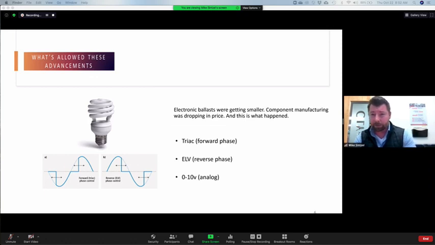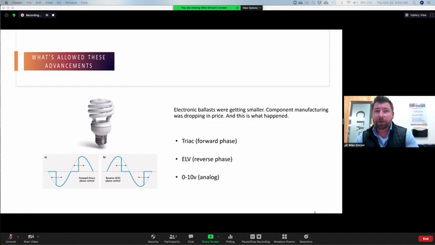There's really only a couple types of dimming technology, and we see triac, ELV, and 0 to 10. Touch on a little bit of 0 to 10. It was commonly used in the entertainment world and had even a standard drafted back in 1997, called ESTA E13, and it was commercial adoption of the simple analog signal that would help progress the 0 to 10 in commercial buildings after that.